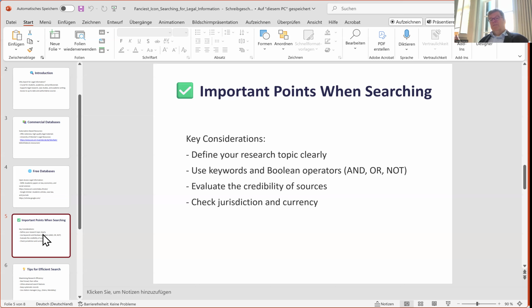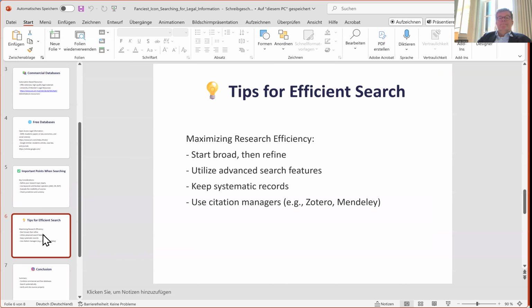Use keywords and Boolean operators like and, or, not. Please evaluate the credibility of the sources and check, of course, the jurisdiction. Sometimes ChatGPT is answering questions based on American law, but we need to find a solution, as for instance, on German law.